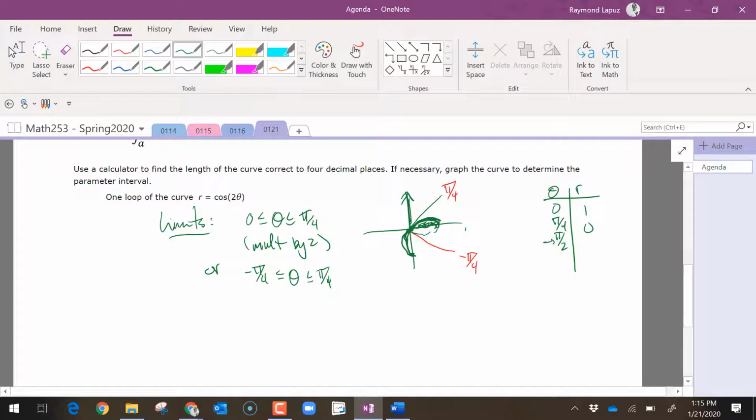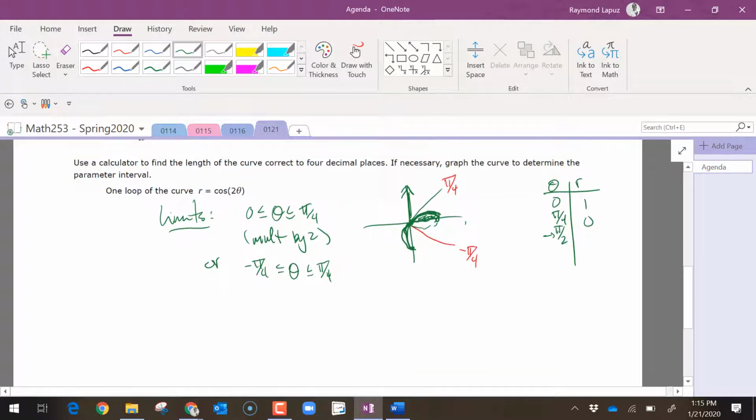Now, I guess to me, it wouldn't matter because I'm just going to put it into Wolfram Alpha or something. But if you're concerned about integrating and putting in the values, I'd probably go from 0 to pi over 4 and then double it.